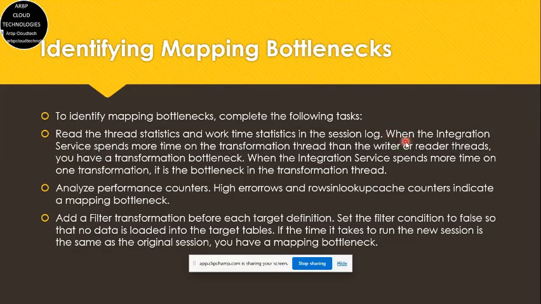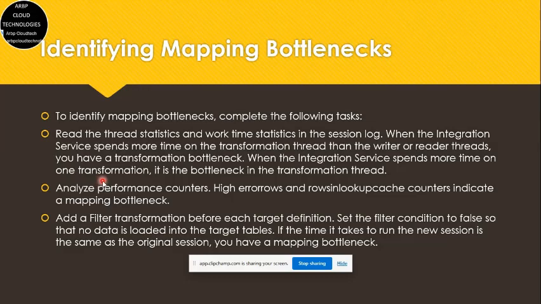When the integration service spends more time, suppose your integration service sits there and spends more time, it means the job is stuck somewhere. If you notice the throughput is running, there is no reader or writer, no record count increasing, and the throughput is gradually decreasing, that is the transformation's thread, the writer or reader thread. If you have a transformation bottleneck, the integration service spends more time on one transformation.